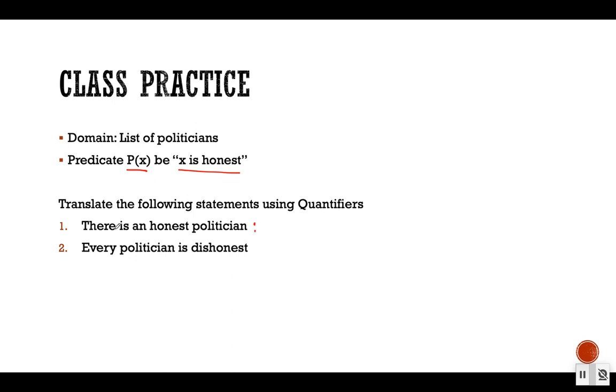The first one says there is an honest politician. It means that in the list of politicians there must be one politician who is honest. So we translate it using the existential quantifier: there exists one politician for which p(x) is true.